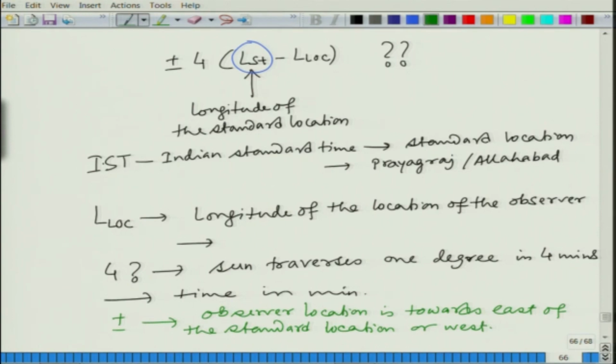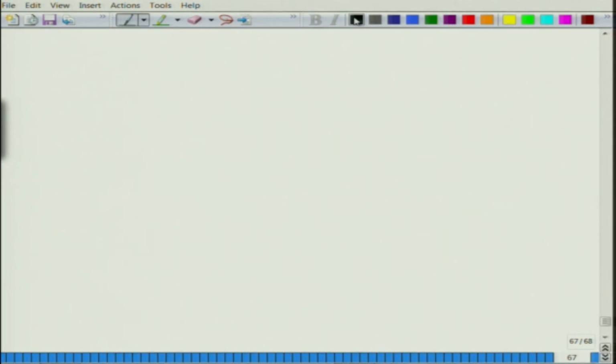So, that is the convention, or rather the fact is positive stands for when the observer is located towards east. Okay. This you can understand very easily, like the sun rises in the east, right.